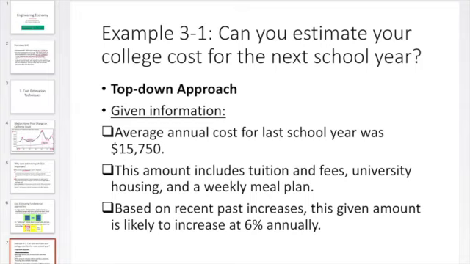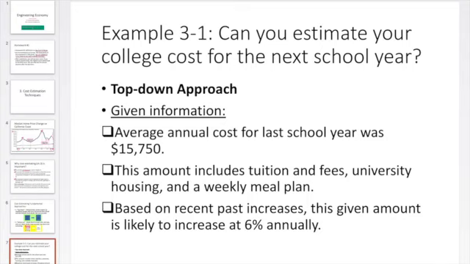Maybe my roommate is a year senior to me. I'll just ask her, hey, I'm a freshman, so I want to know what the cost is for a school year. Do you know your cost for your last year? And then maybe she will tell me, okay, my cost was like 15,000 last year in total.